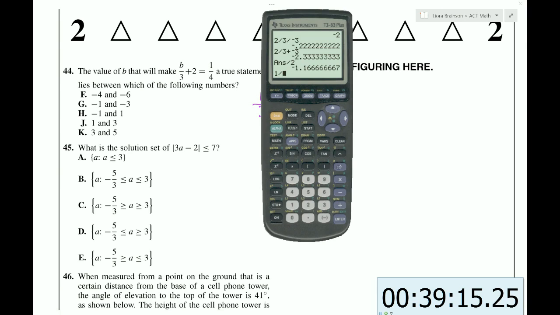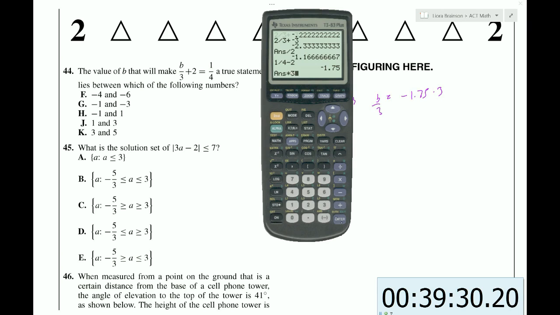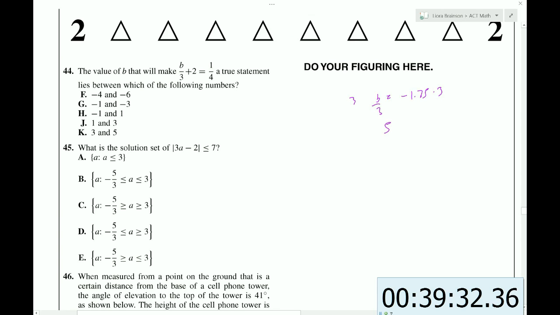Do 1/4 minus 2. You get negative 1.75. Then you have to multiply by 3 on both sides. So you do times 3. Okay, you get negative 5.25. So that's between negative 4 and negative 6.